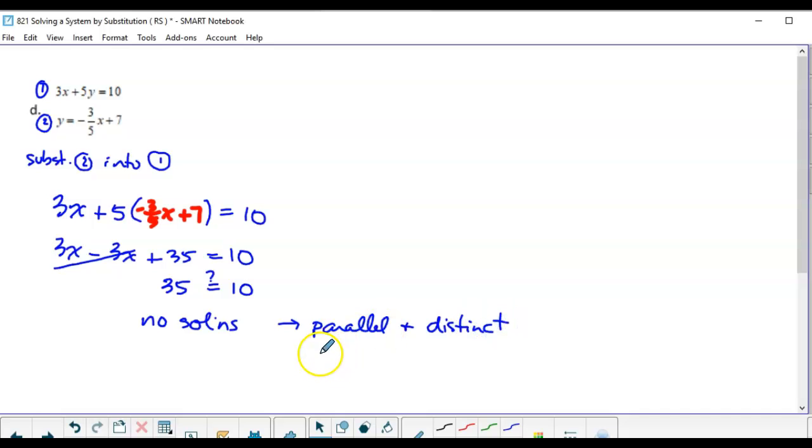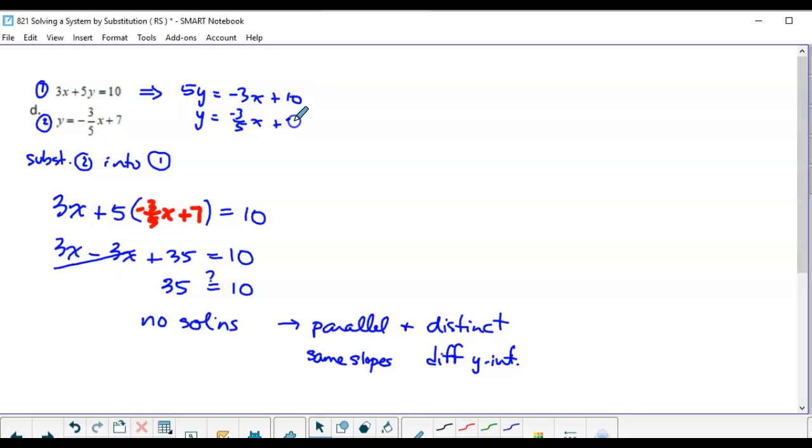So that means same slopes, but different y-intercepts. So take a look. There's the slope negative 3/5. If we solve this one, we get 5y equals negative 3x plus 10. Y equals negative 3/5 x plus 2. So, yep, same slope, but different y-intercepts. So that confirms it.